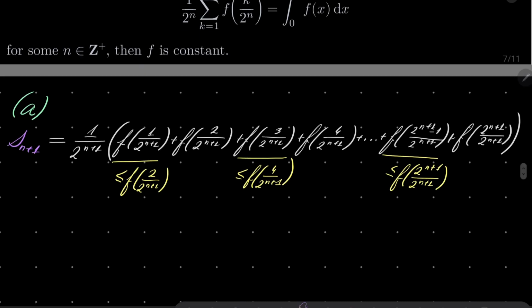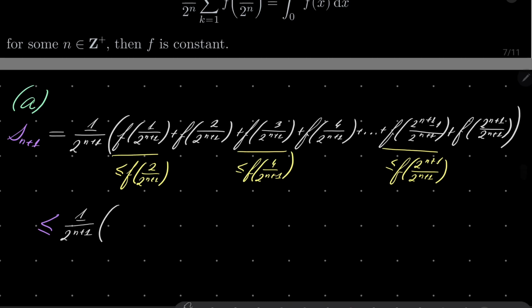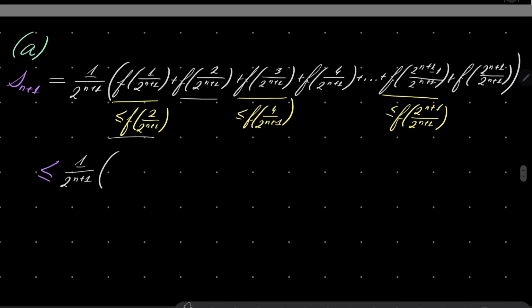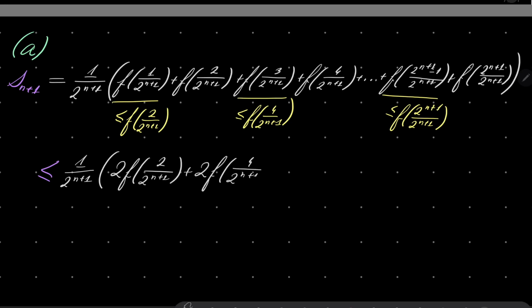Which means that our sum is at most 1 over 2 to the power n plus 1 times the following. And what do we have? Well, every fraction with even numerator appears twice in our sum.